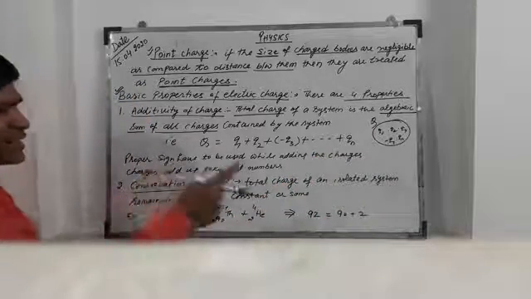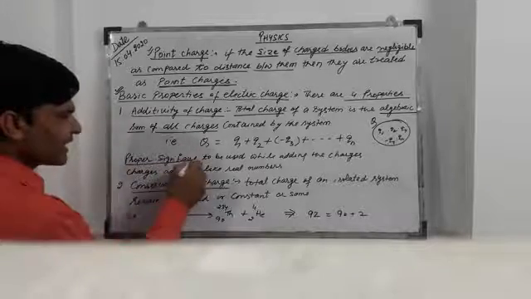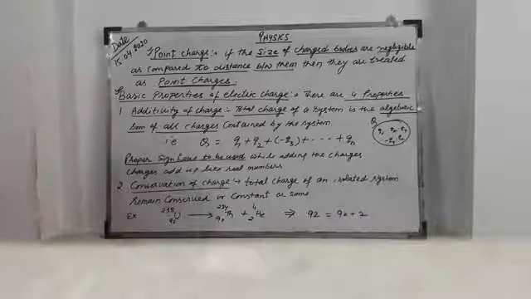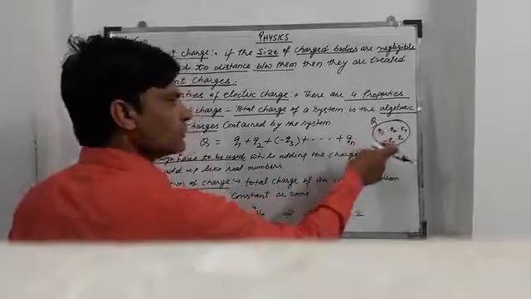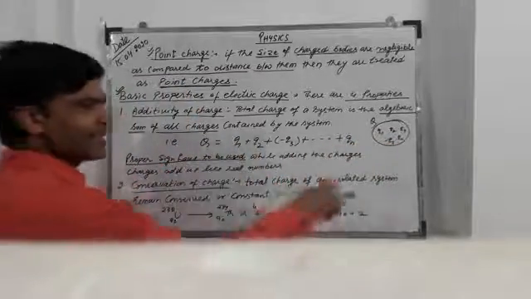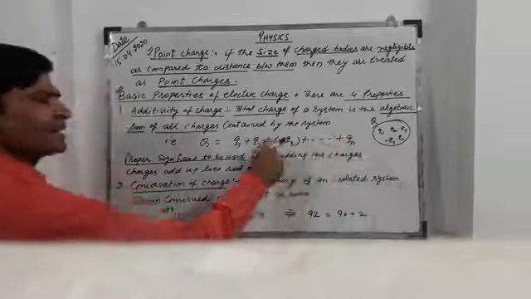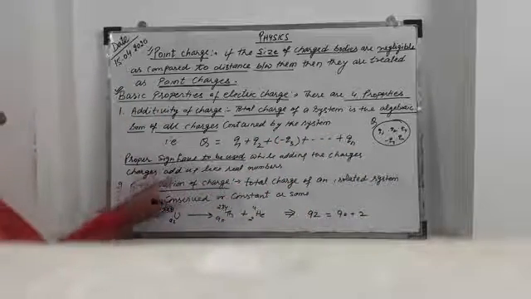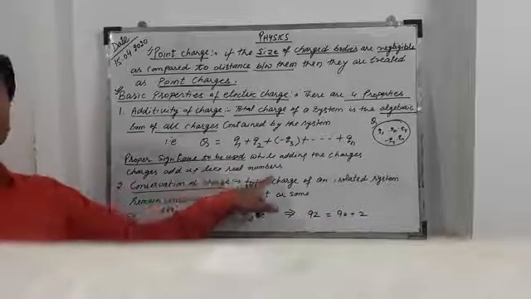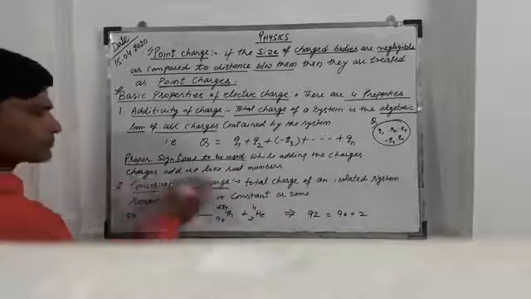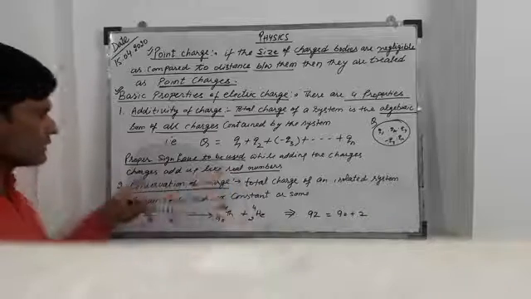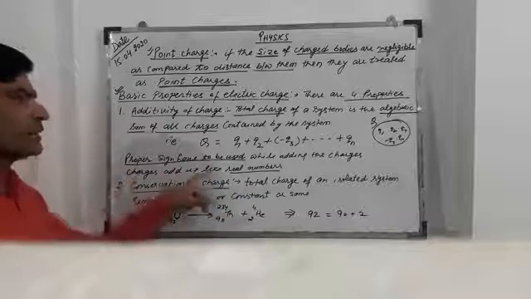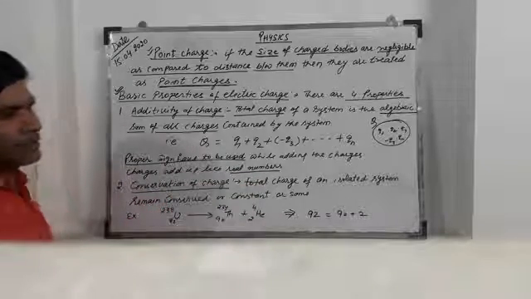While adding the charges, proper sign has to be used. If the charge is positive, then positive sign. If the charge is negative, then negative sign. Charges add up like real numbers. As we add real numbers, charges are also added like real numbers.